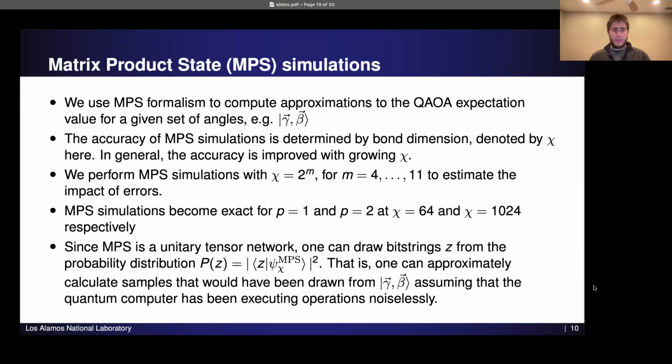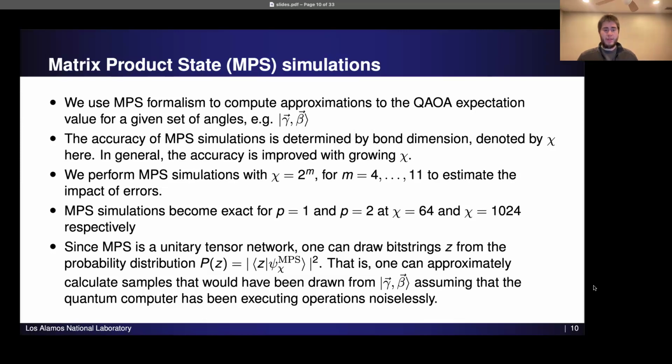The accuracy of the MPS simulation is determined by bond dimension, here denoted by chi, and in general we expect that the accuracy improves with growing chi. We perform MPS simulations for chi equals 2 to the m, for m equals 4 up to 11. The goal is to estimate the impact of errors and see what the convergence behavior of the MPS simulations looks like.